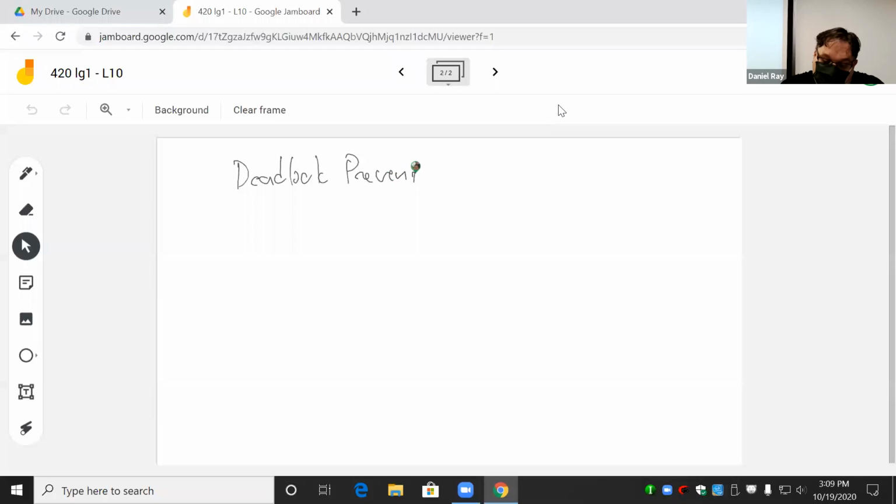Can we design a system that doesn't allow deadlocks to happen at all? And this goes back to the four requirements that are required for deadlock to take place, right? So I'll do 1, 2, 3, and 4.